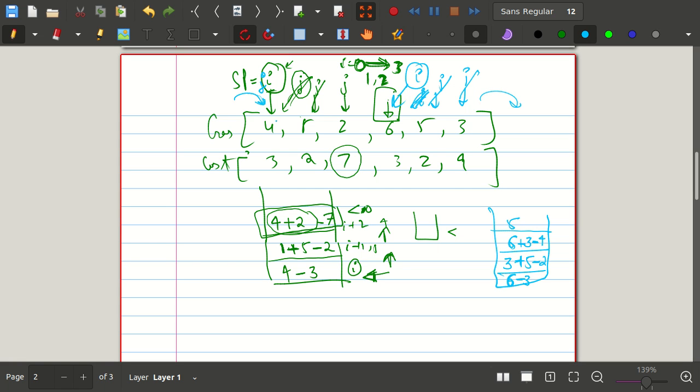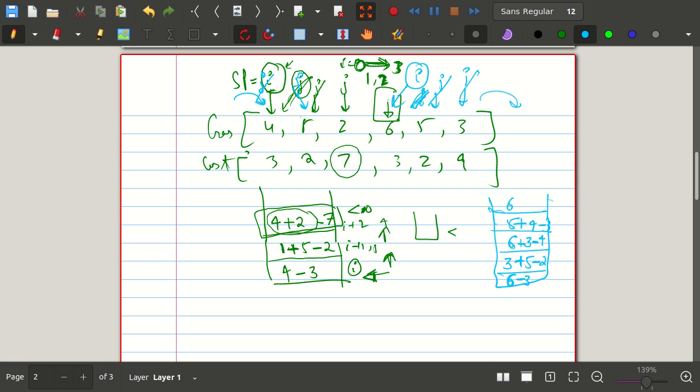So I have moved to the 0th position with gas 5, and I can increase my gas by 4 and cost 3. It will take 3 amount of cost. So 5 plus 4 is 9 minus 3 is 6. I can move to next position.